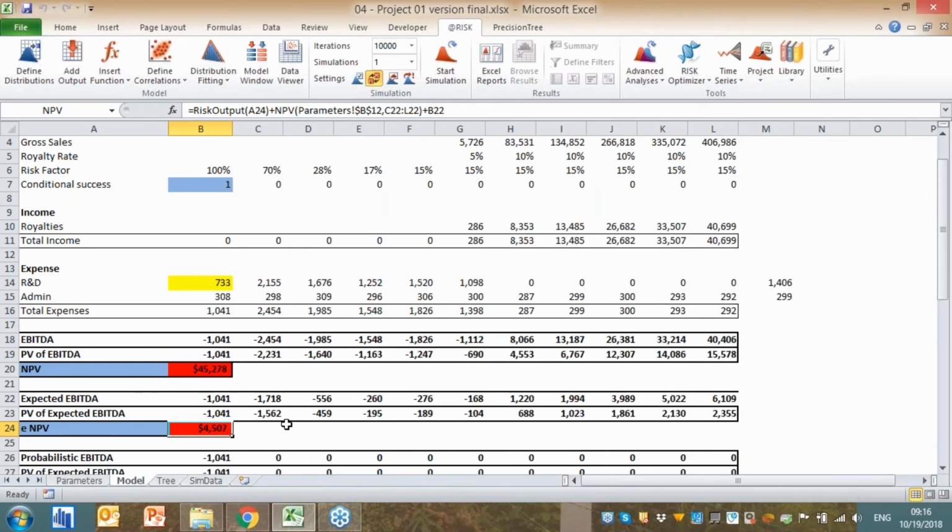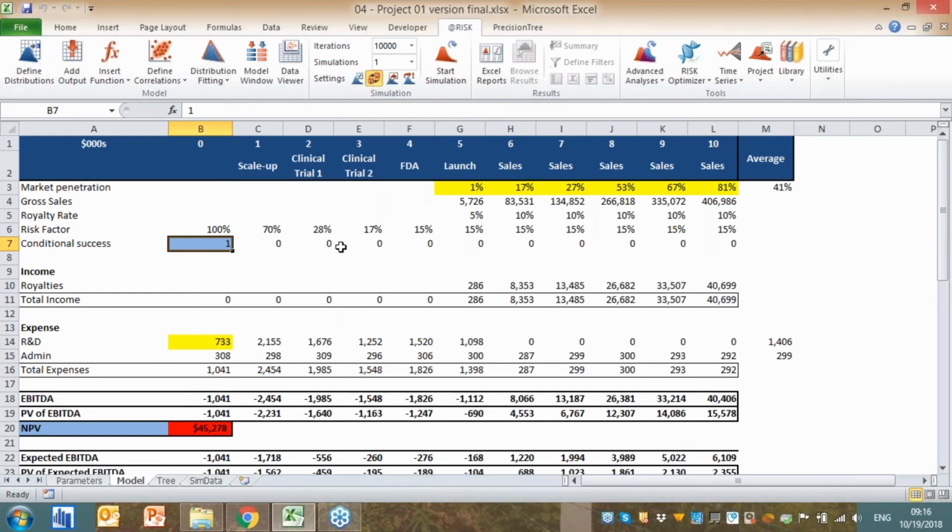Now, the most important thing that we could define as a distribution function is evidently these cells here. The whole model hinges upon the conditional success at each one of these 4 stages: the scaling up, CT1, CT2, and then finally FDA approval, with those respective probabilities of success.